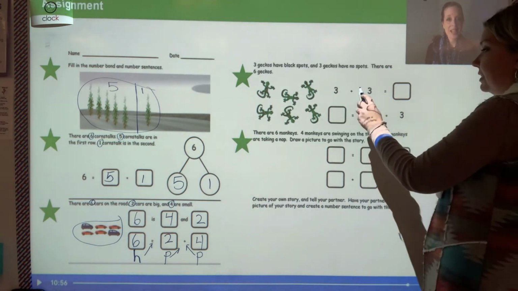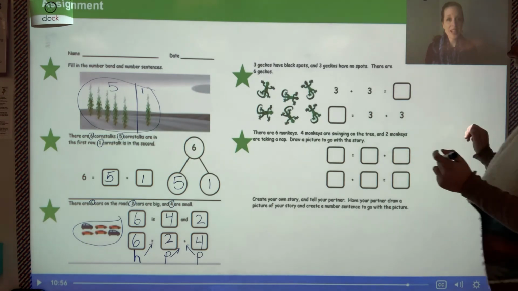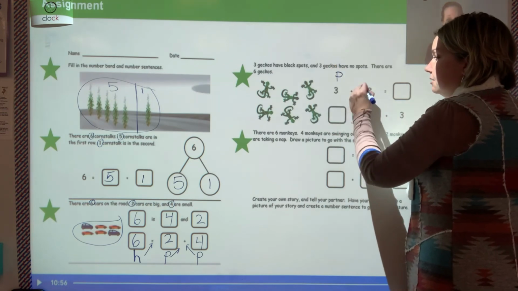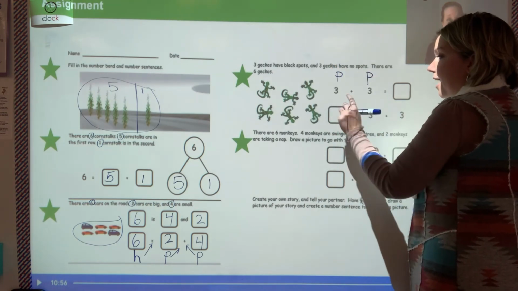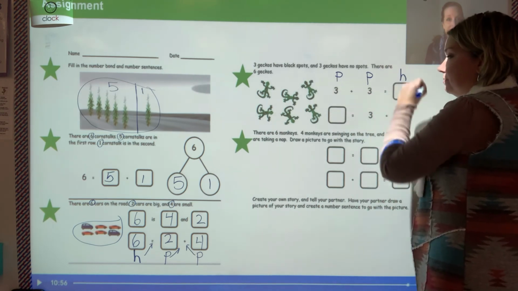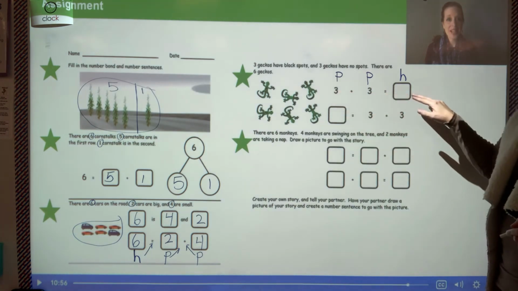Do they go near the plus sign or the equal sign? The parts. Plus sign. Yeah, and I know this is hard, boys and girls. This is our first time doing it, so it's okay. Yeah, our parts are going to go on either side of the plus sign, and our whole can be the equal. So 3 and 3 make what, Landon?